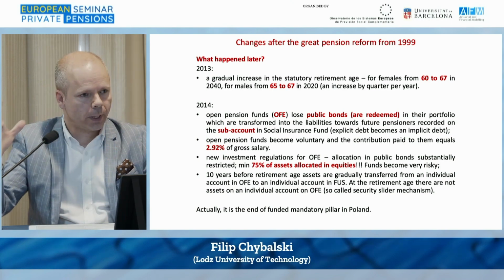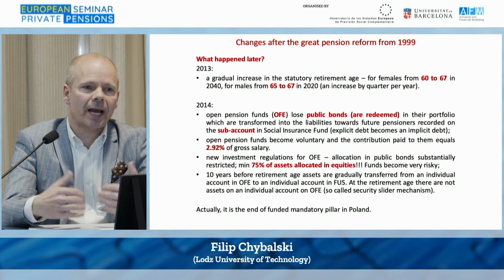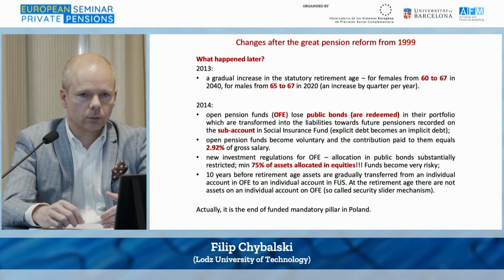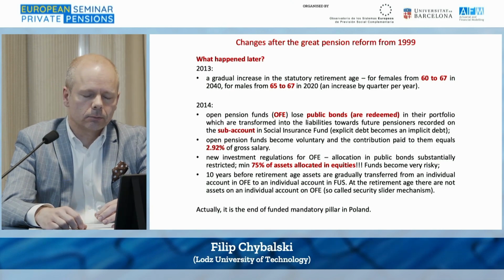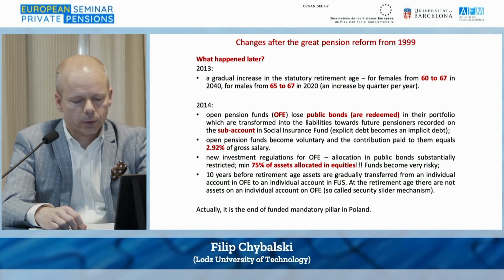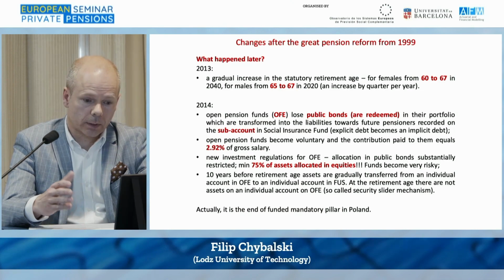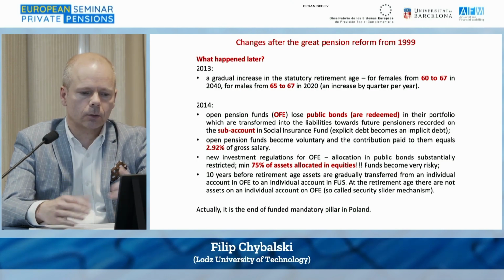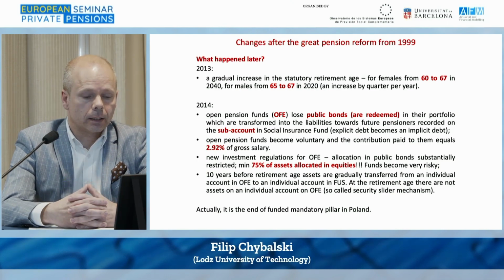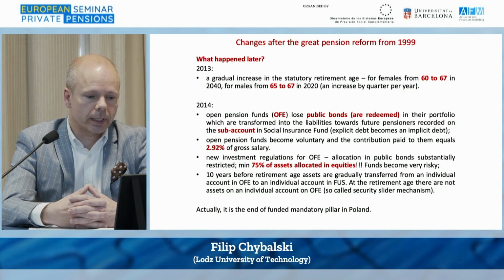So if we take a look at the whole pension portfolio, including pay-go or other pension products, the share of savings in equities is not high. However, with reference only to open pension funds, 75% of assets makes these funds very, very risky.